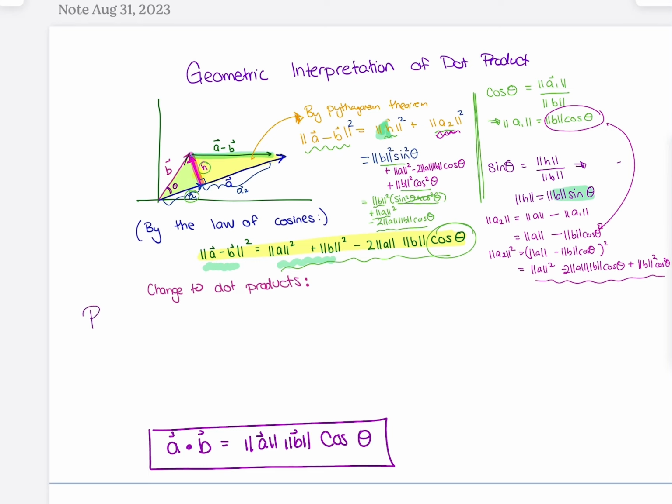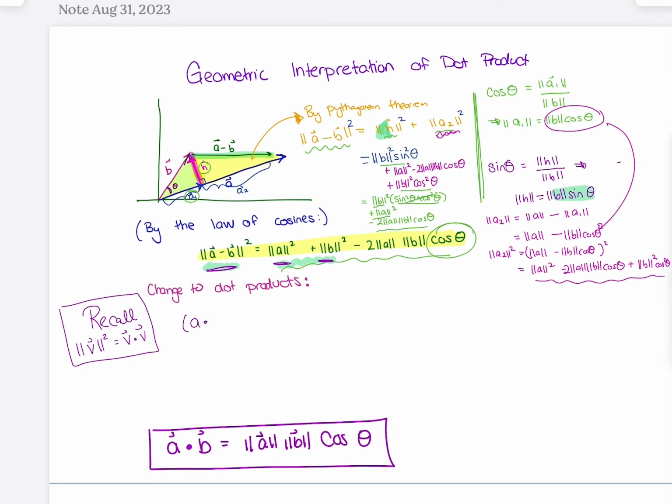So we need to recall that the magnitude of some vector squared is equal to that vector dotted with itself. So anytime I see magnitude squared, I can replace that with the vector dotted with itself.